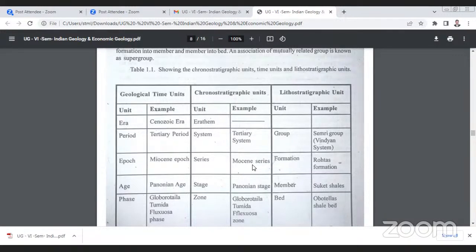The period, here the Tertiary period, is called a system in the chronostratigraphic scale, so the Tertiary system.